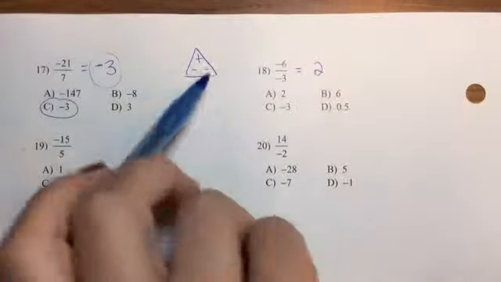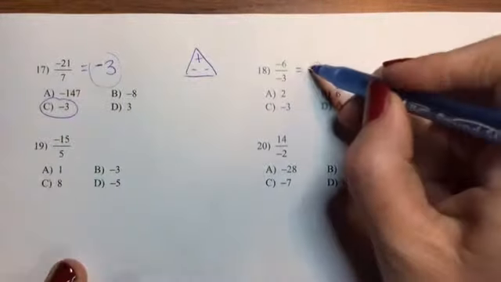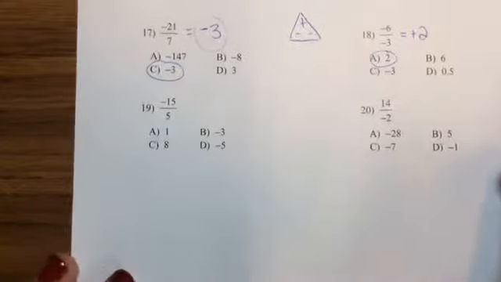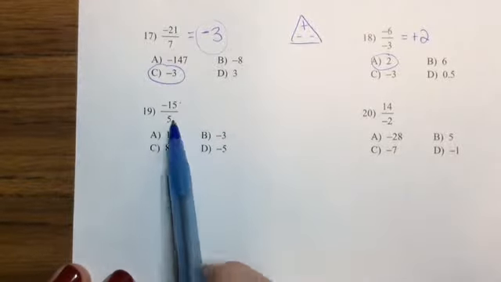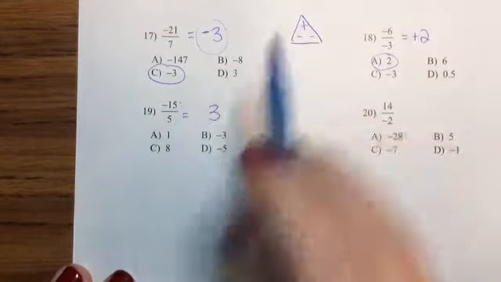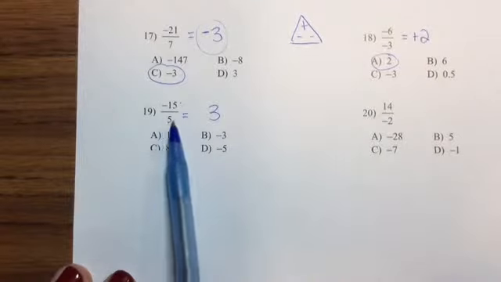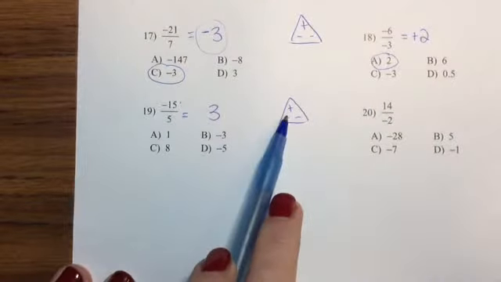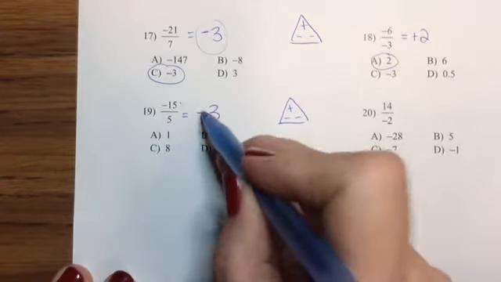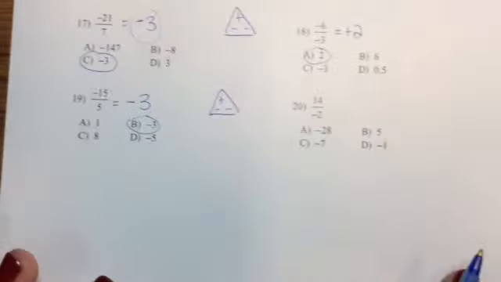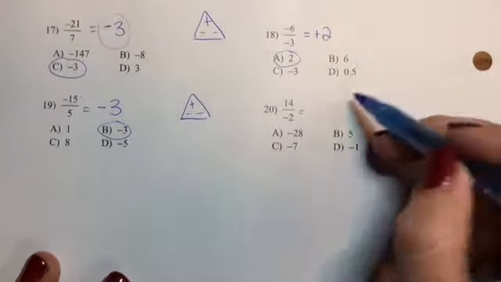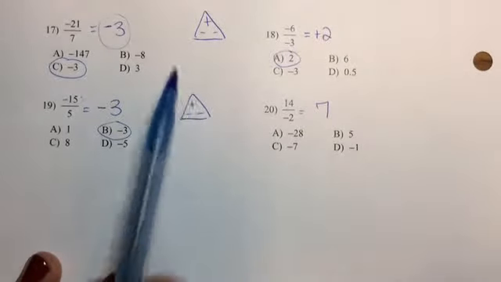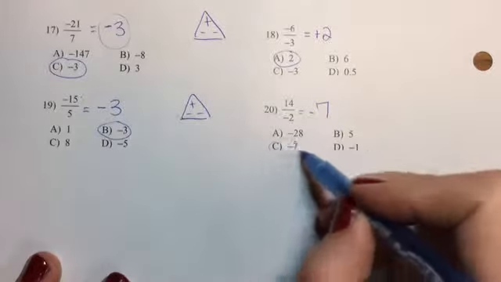And then the two negatives will cancel each other out, and you'll get positive 2, which is A. I got 15 divided by 5, which is 3. And the negative 15 and the positive 5, if I look at the triangle, I'm going to get a negative 3. And then 14 divided by 2 is 7. And I have a positive 14 and a negative 2, so I'm going to get a negative 7, which is C.